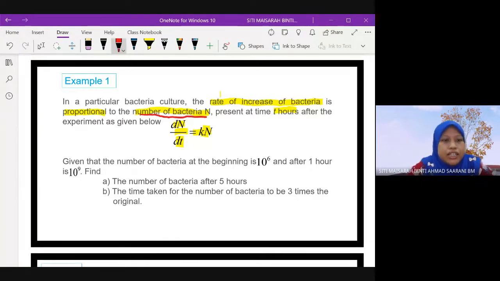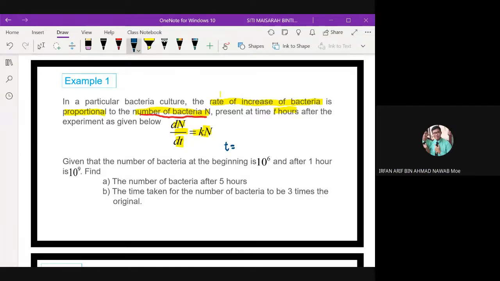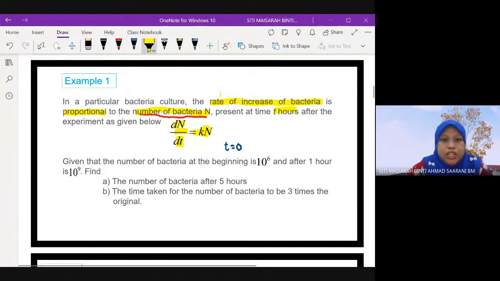So then kat sini dia bagi tahu given that the number of bacteria at the beginning is 10 to the power of 6. Kalau dia mention at the beginning, jadi time dia berapa? T dia kita nak anggap berapa? 0, madam. So since dia mention kat sini at the beginning, so this is represent T is equal to 0, when N equals to 10 to the power of 6 lah.